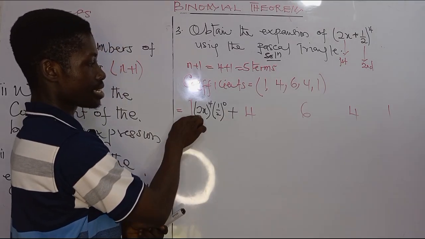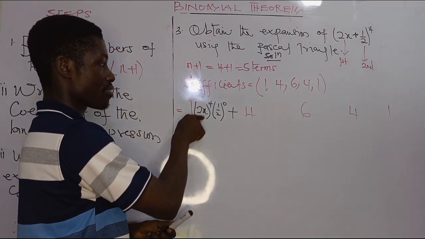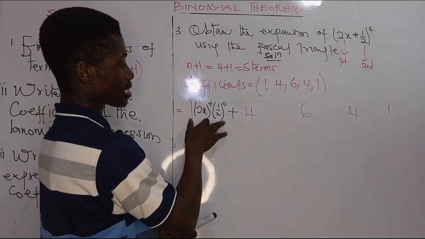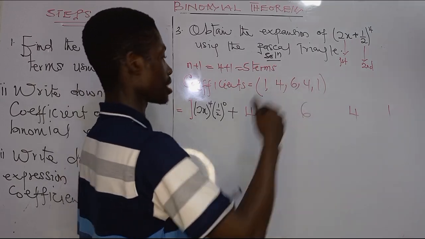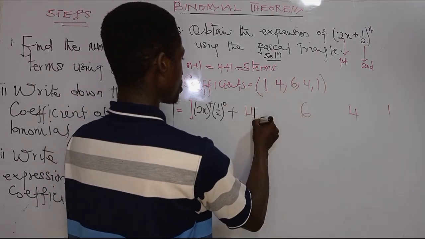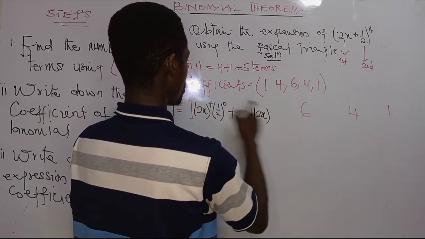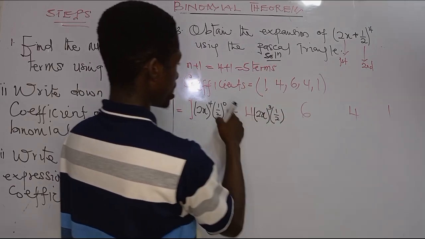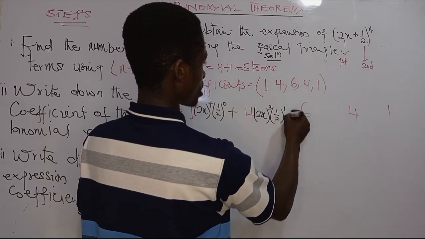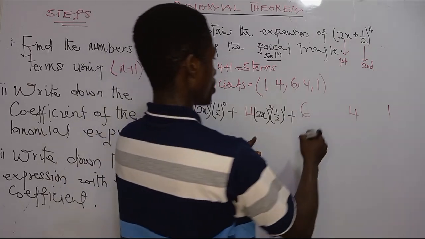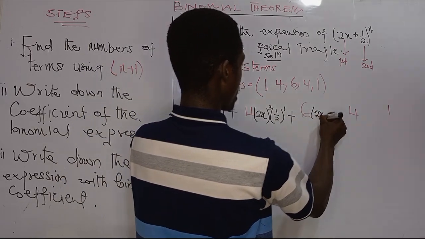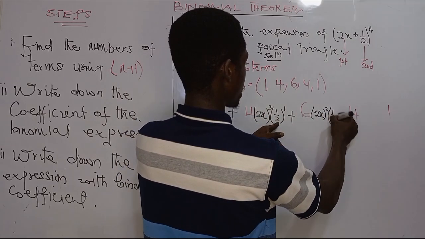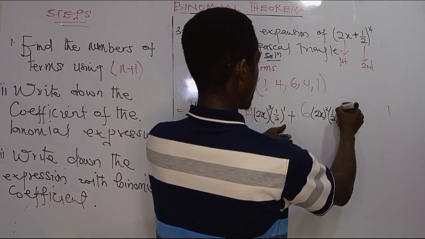After doing this, the power of the first term, which is 4, decreases in that order, whilst the power of the second term increases in that order. So we are going to have 2x raised to the power of 3, and then 1 over 2 increases from 0 to 1. We have our plus. The first term power decreases to 2, while the power of the second term increases to 2.